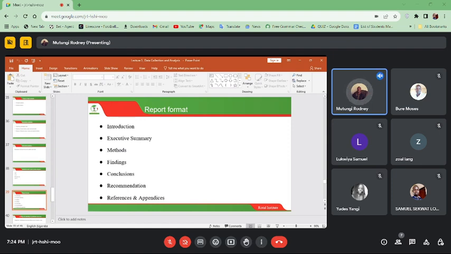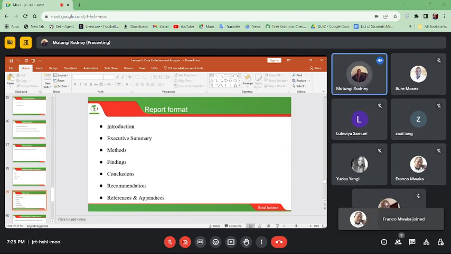The conclusions, after you have found out all that, what can you say about it, and then the recommendations, what can be done to make a better change. Then of course there is always the references.